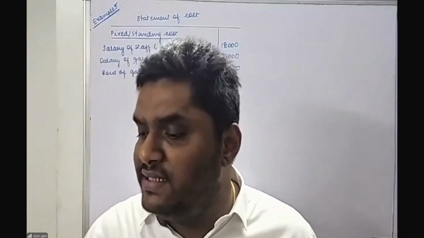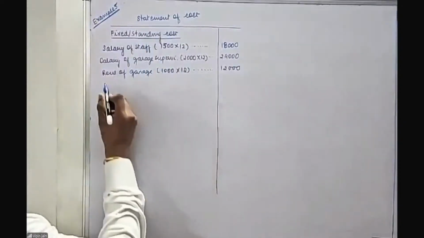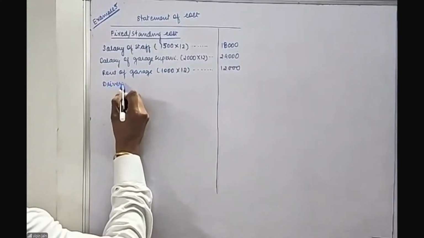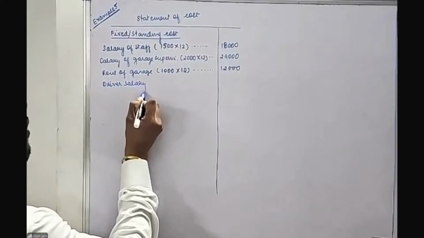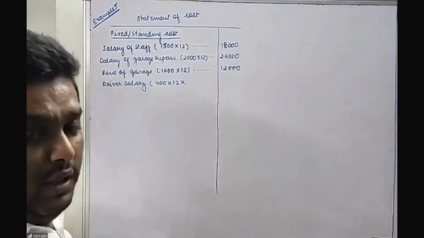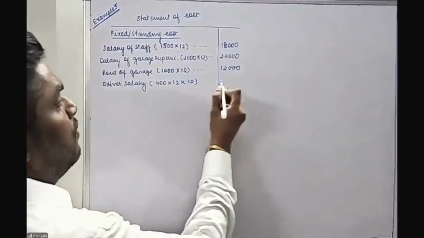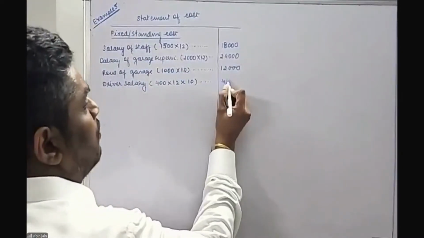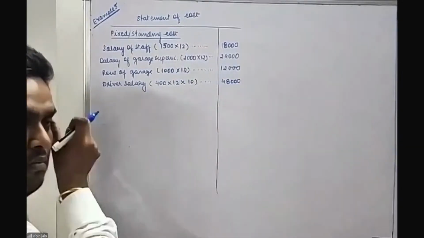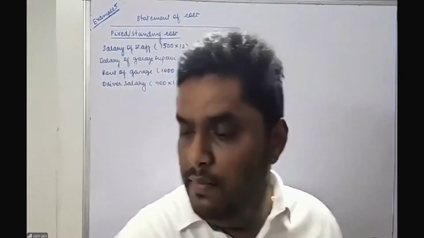Driver salary per taxi is 400 per month, into the number of taxis, total 10. Road tax and repair per taxi is 2,160 per annum.